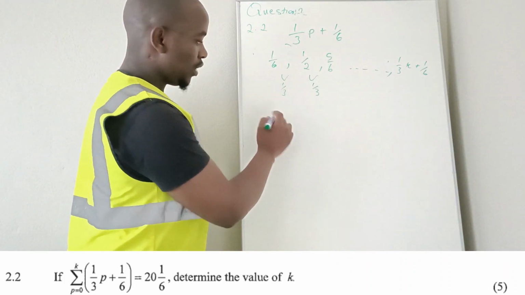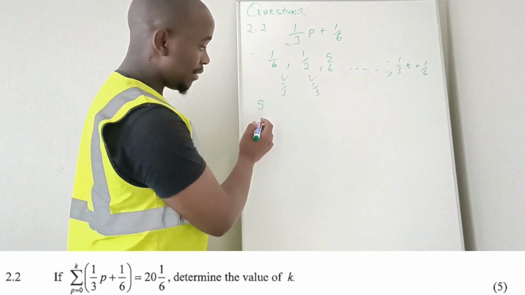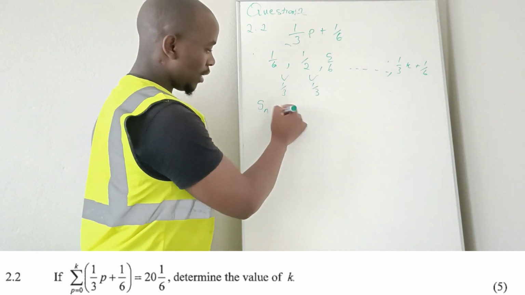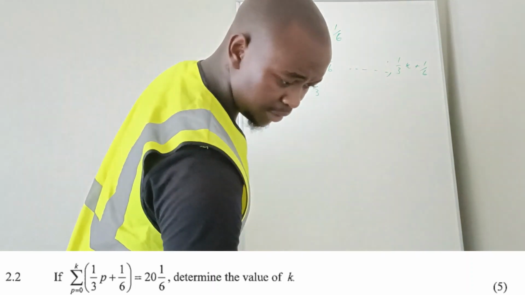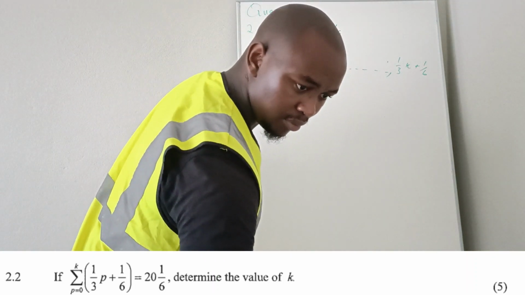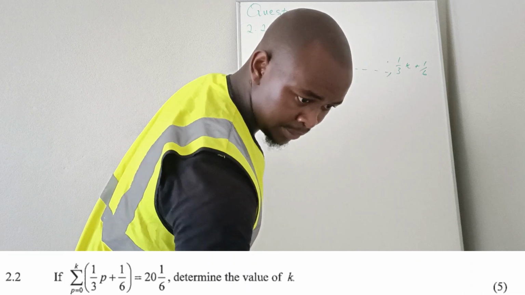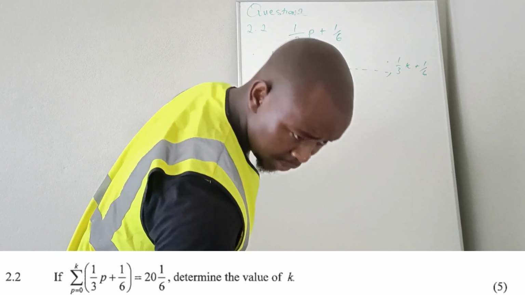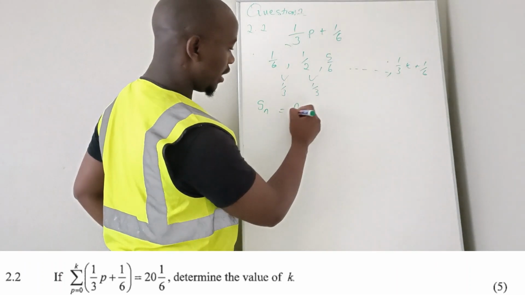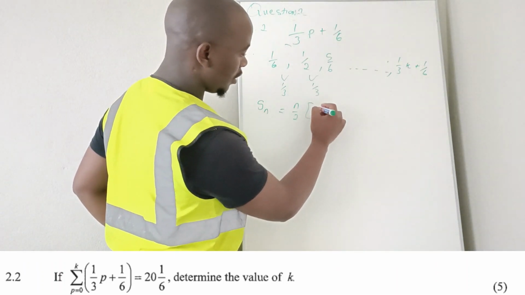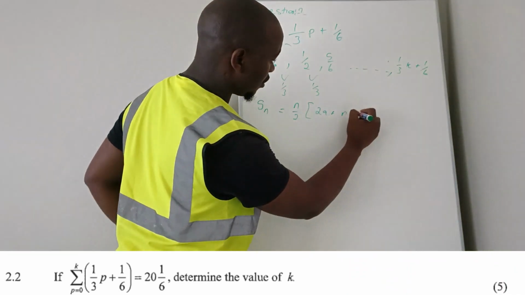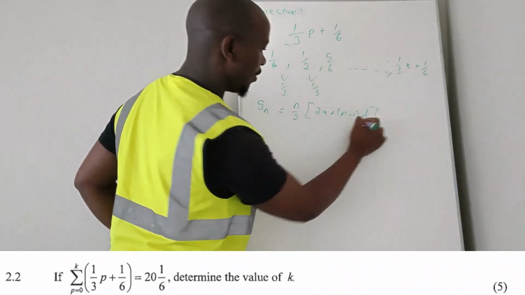And for an arithmetic sequence, for a sum of n terms, we are guided by what equation? The sum of n terms is n over 2 times 2a plus n minus 1 d.